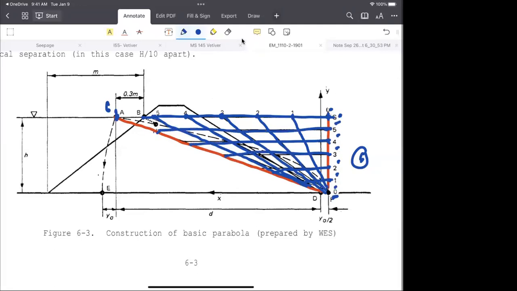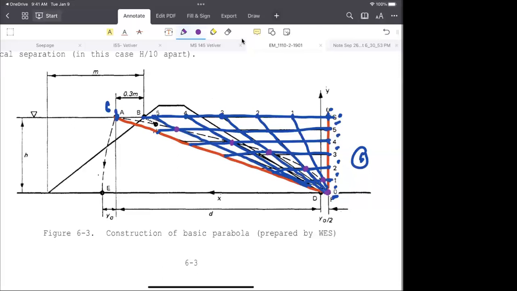Now, all we have to do is find the equal points. So 0, 0 is this point, right? Or 1, 1. So 1, 1 is this point, right? Or 2, 2, intersecting this point. Then to find 3, 3, intersecting this point. 4, 4 intersecting 4, 4. 5, 5 intersecting 5, 5.